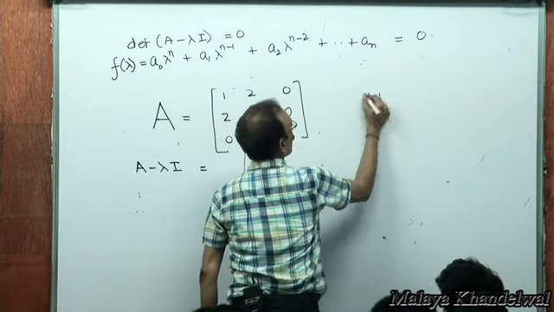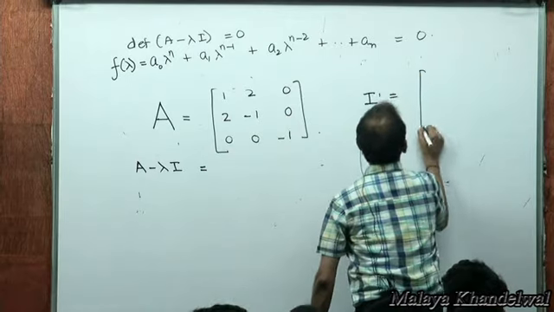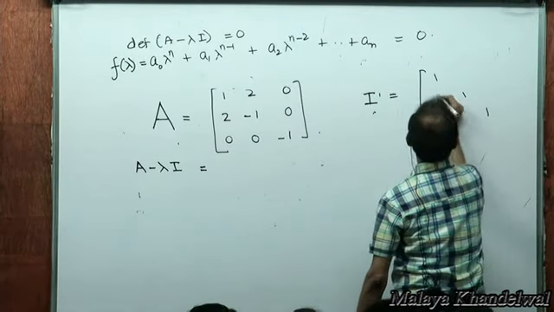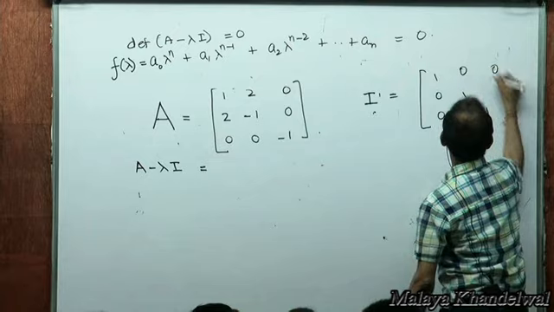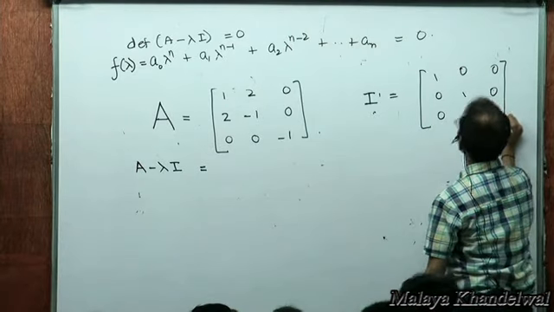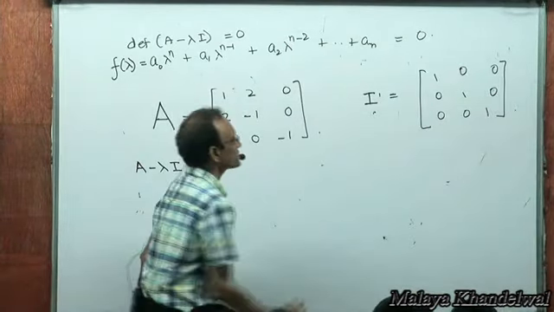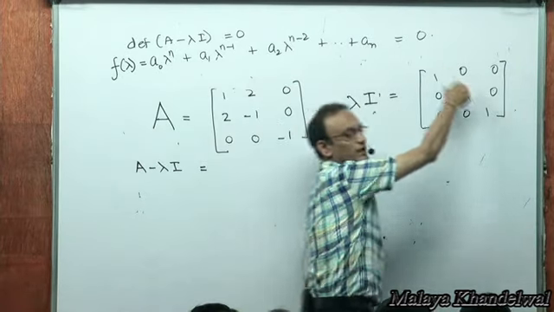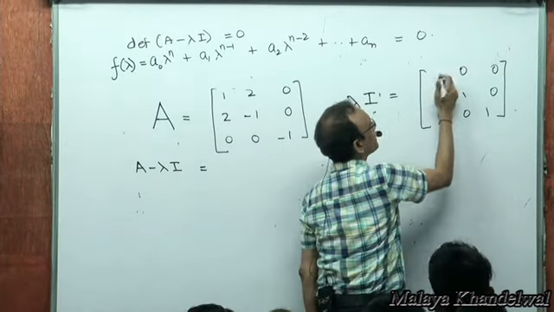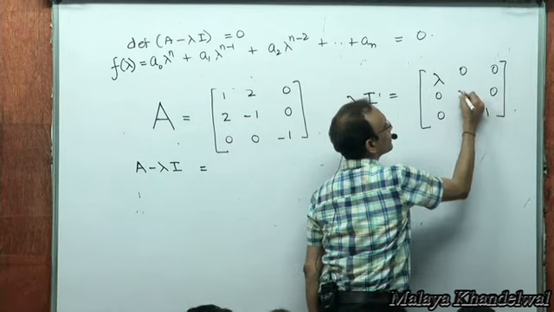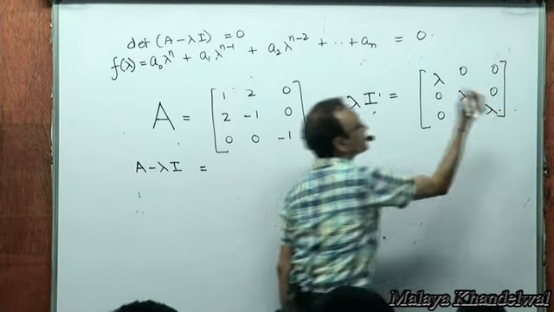See, what is I here? I, as you can see, is 1, 1, 1, 0, 0, 0, 0, 0, 0. That's I, right? What is lambda I? Every element will get multiplied with lambda. So lambda I would be lambda, lambda, lambda.